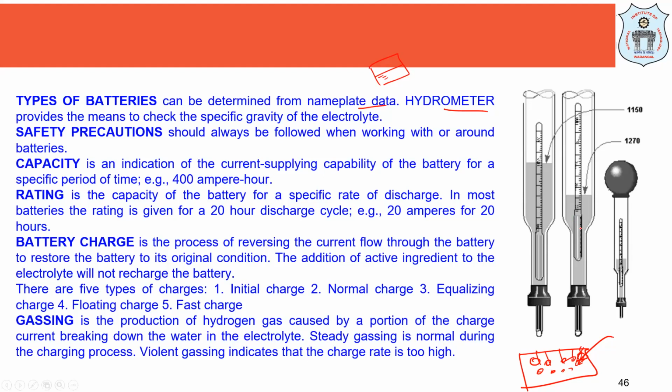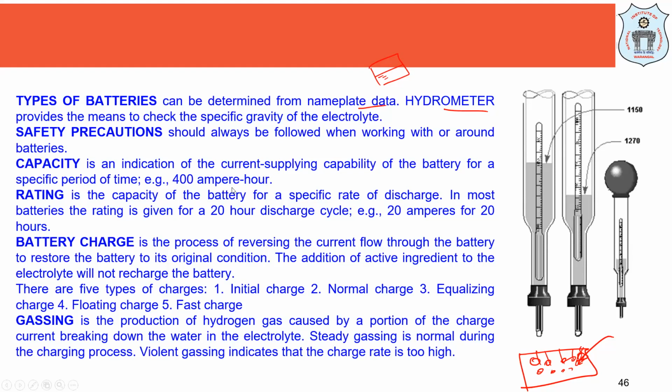So the capacity is an indication of the current supplying capacity of the battery. What is the capacity? It is an indication of the current supplying capability of the battery for a specific period of time.